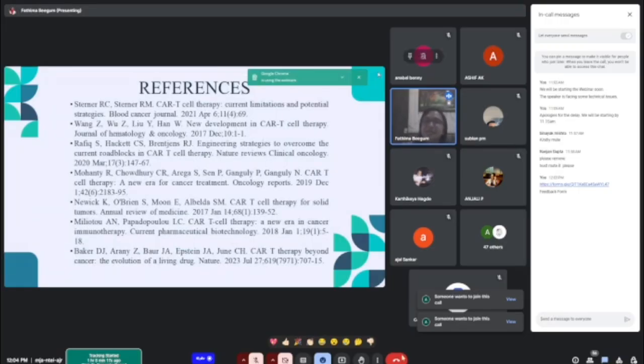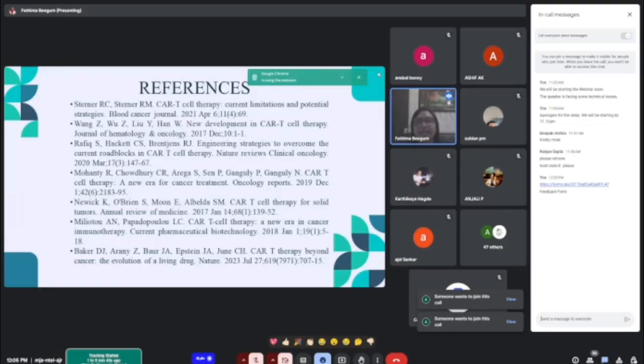So these are the references. So far we discussed that CAR T cell therapy is an immunotherapy in which the T cells are modified in such a way that they express a chimeric antigen receptor, and the expression is done using vectors or non-vectors, and it is infused back to the patients. We discussed the structure of CAR, which consists of an extracellular domain, transmembrane domain, and an intracellular domain.